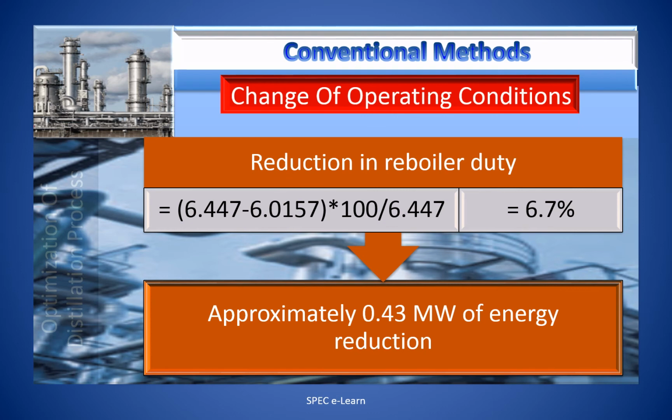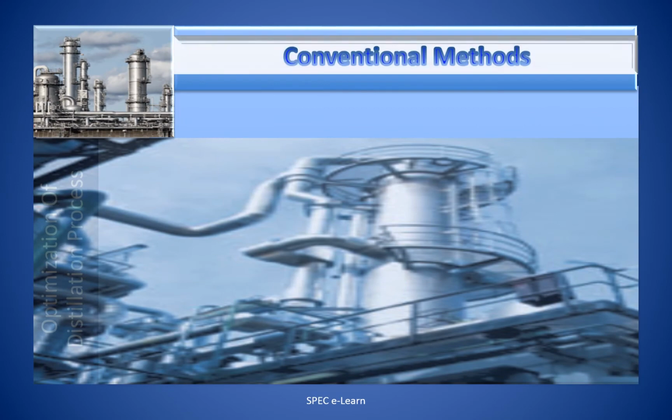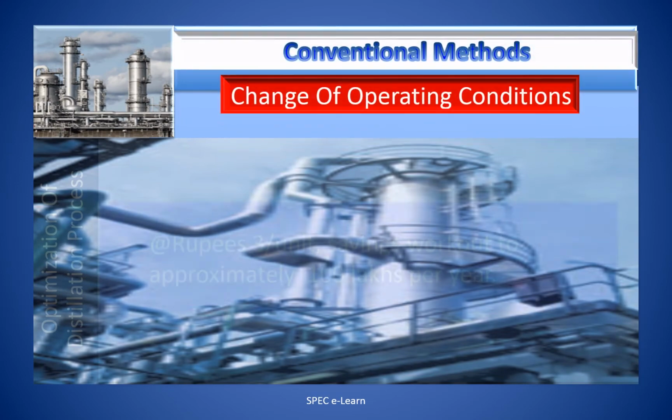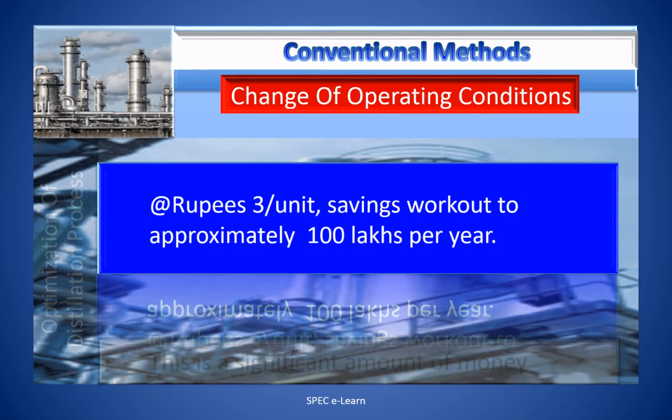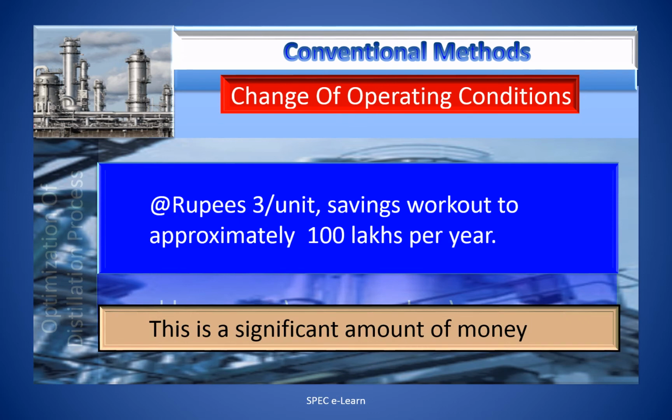This corresponds to 6.7%. At rupees 3 per unit, the financial savings work out to approximately 100 lakhs per year. This is a significant amount of money.